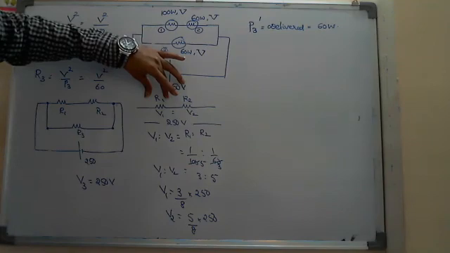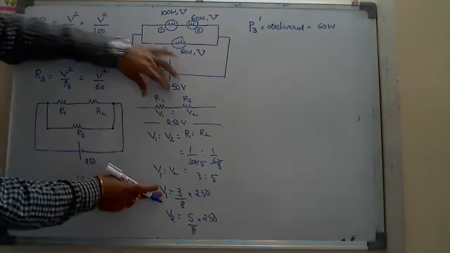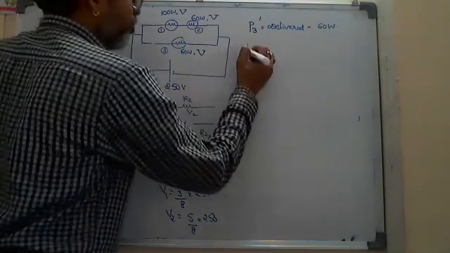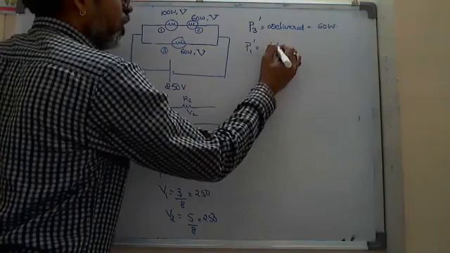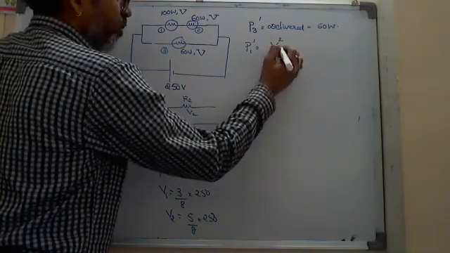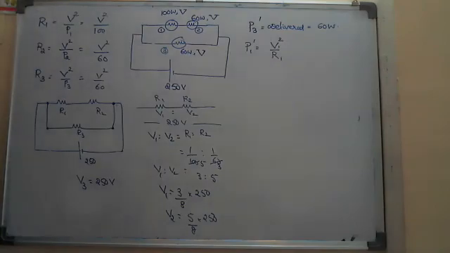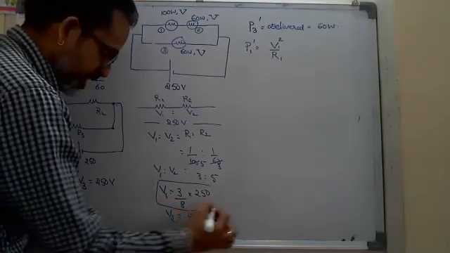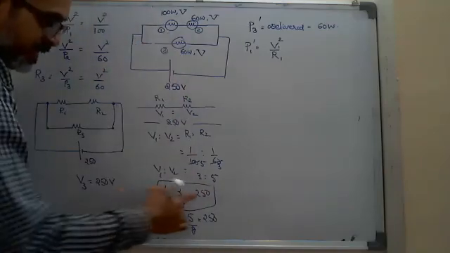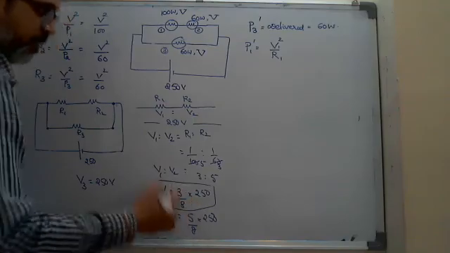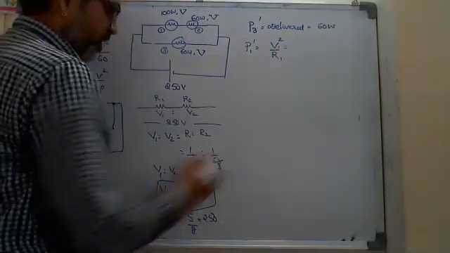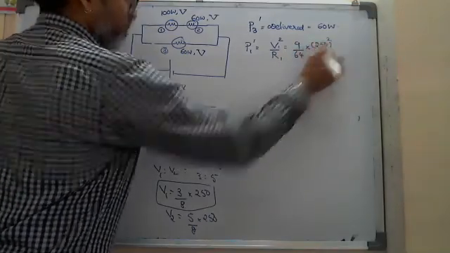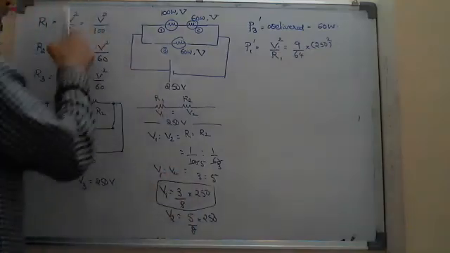What do I know? I know V1, I know R1. So better I go with the formula P1 dash equals V square by R, means V1 square by R1. V1 square means how much voltage is developed across the first bulb. I calculated it; it is not equal to 250. I am getting V square as 9 by 64 into 250 square, divided by R1.